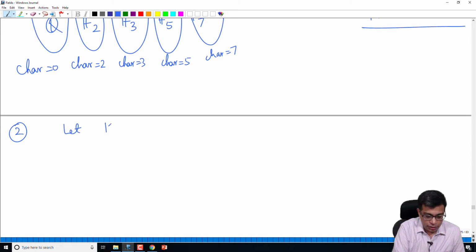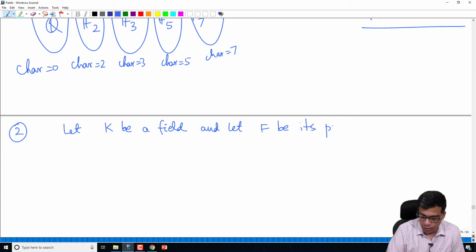Let K and L be two fields, and let F be their prime field. Remember, there is a uniquely determined prime field.